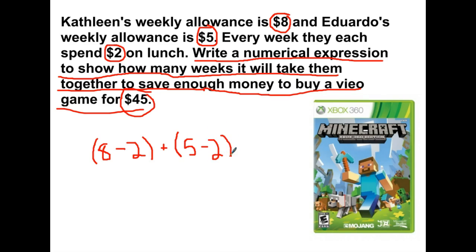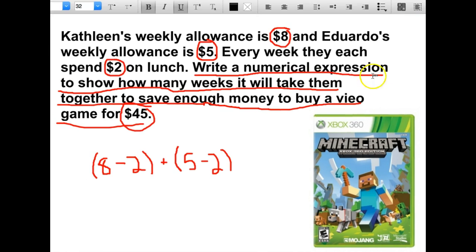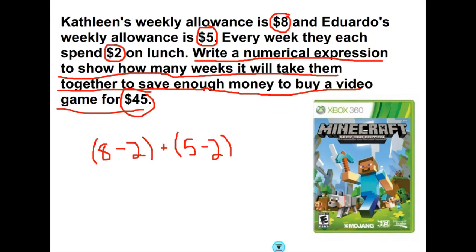Now here comes the interesting part. I'm supposed to write a numerical expression to show how many weeks it's going to take them together to save enough money to buy a video game. Ooh. Let me correct this really quickly. Video, not video. So they are trying to save enough money to buy a video game for $45. Well, here's the thing.